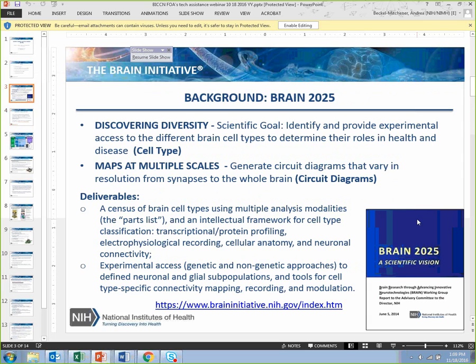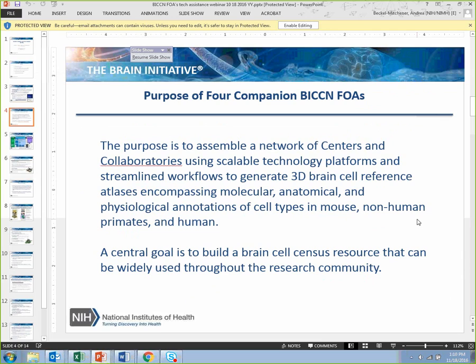So this is Young Yao, Program Officer. The 4 companion RFAs were recently published about 1 month ago. The purpose is to assemble a network of centers and collaboratories using scalable technology platforms and streamlined workflows to generate brain cell reference atlases that encompass molecular, anatomical, and physiological annotations of cell types in mouse, non-human primates, and humans.